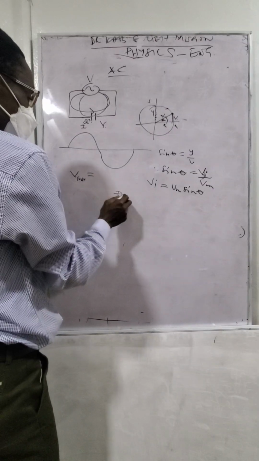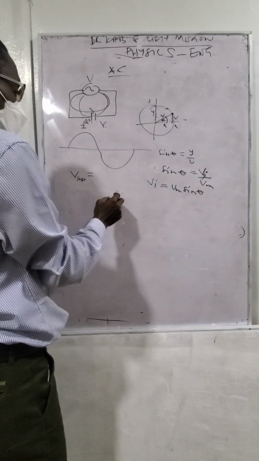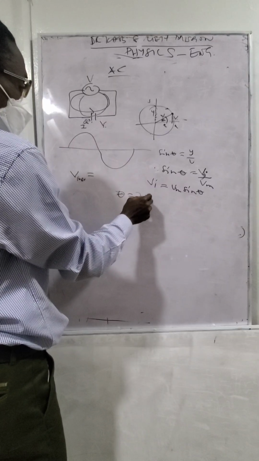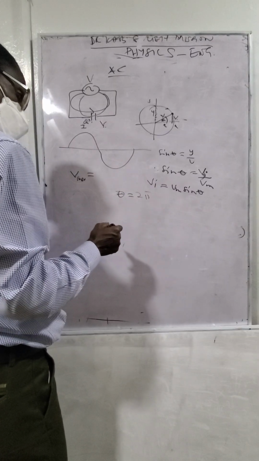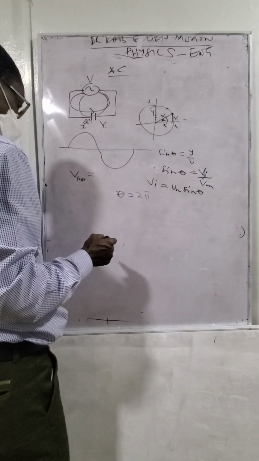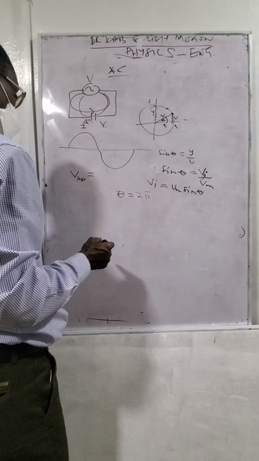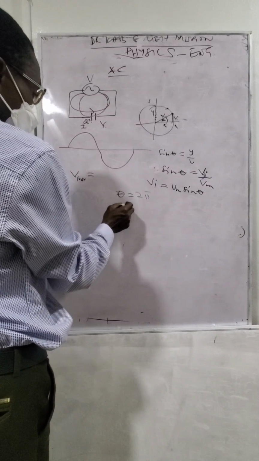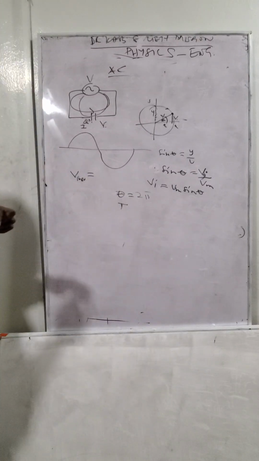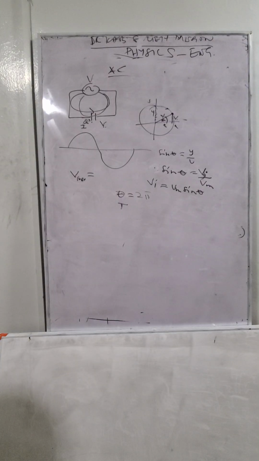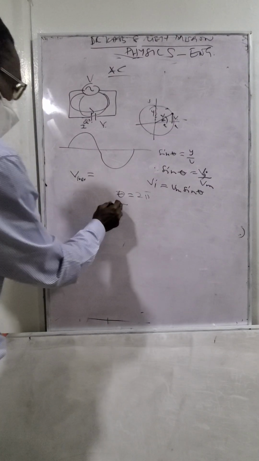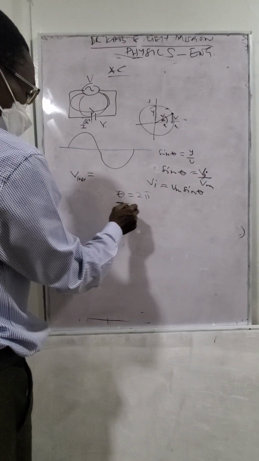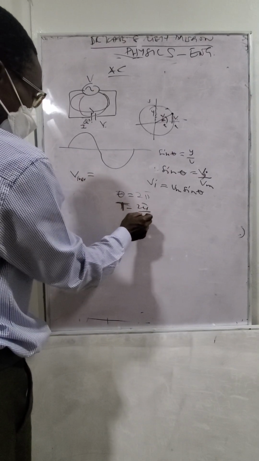But we know theta, for one complete revolution, theta is equal to what? 2 pi. That's one complete revolution. Theta is equal to 2 pi. Or in other words, we can say that we know the time, or the period, is equal to what? 2 pi over omega.